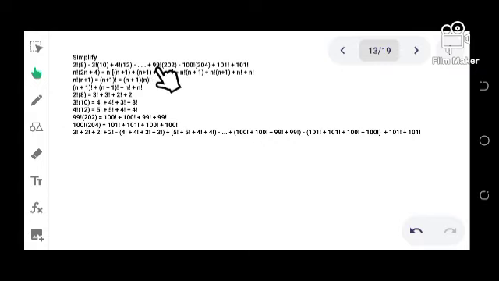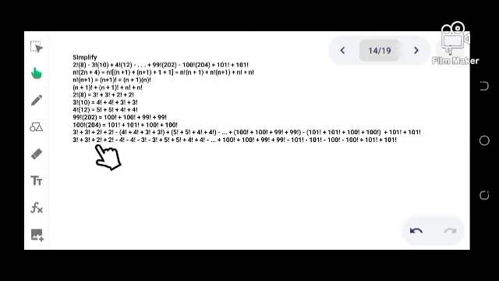So on and so forth, 99 factorial times 202 is just equal to 100 factorial plus 100 factorial plus 99 factorial plus 99 factorial. That's why we have this one here. And then 100 factorial times 204 is just equal to 101 factorial plus 101 factorial plus 100 factorial plus 100 factorial, plus the other two factorials, you have 101 factorial plus 101 factorial.